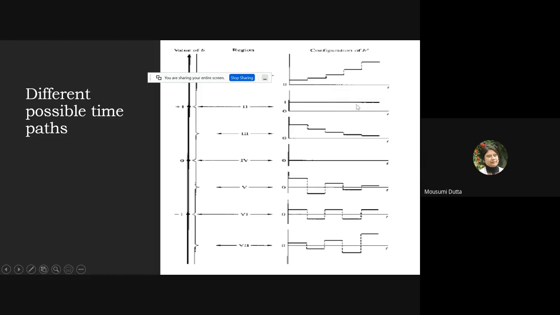The time path is a straight line parallel to the horizontal axis, and it is fixed at the value 1. And it is not the convergent or the stable time path, because it is not coming towards equilibrium. So it is not stable time path.